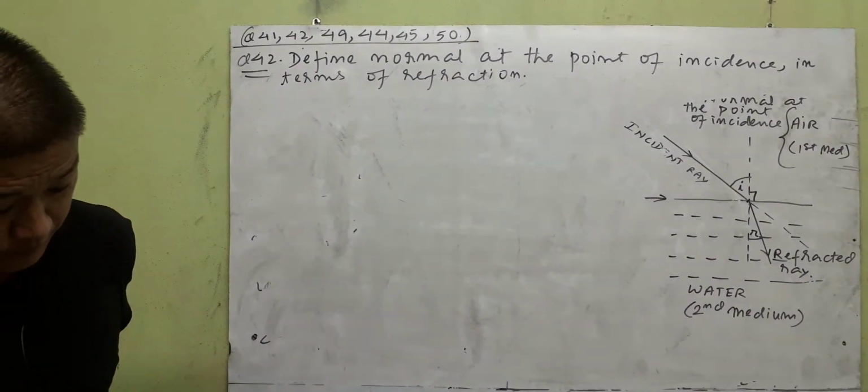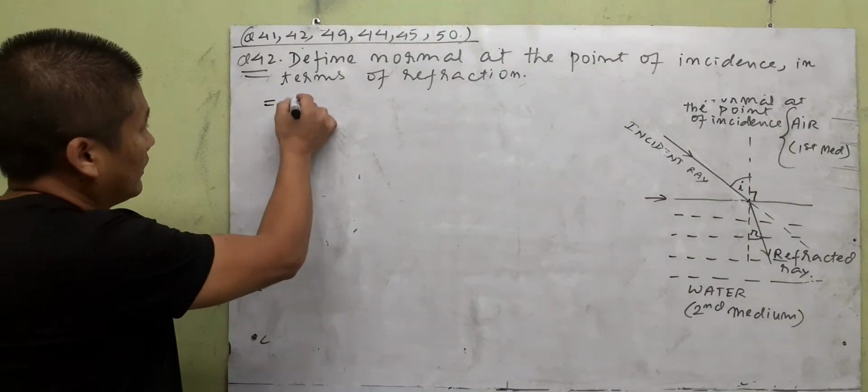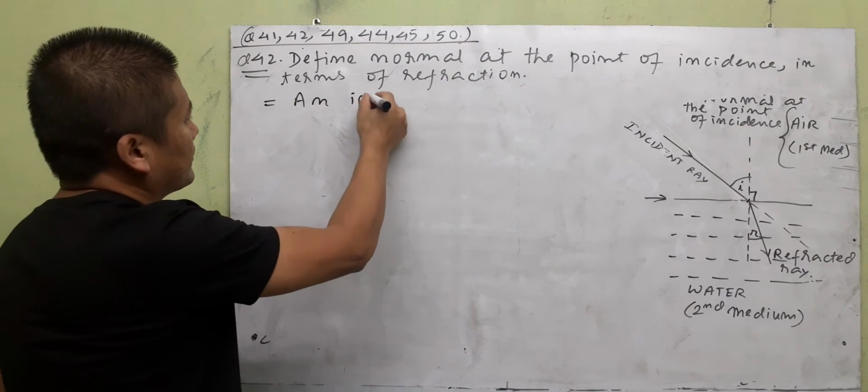Okay, so here, an imaginary line, we have already understood that, so we can write the definition.